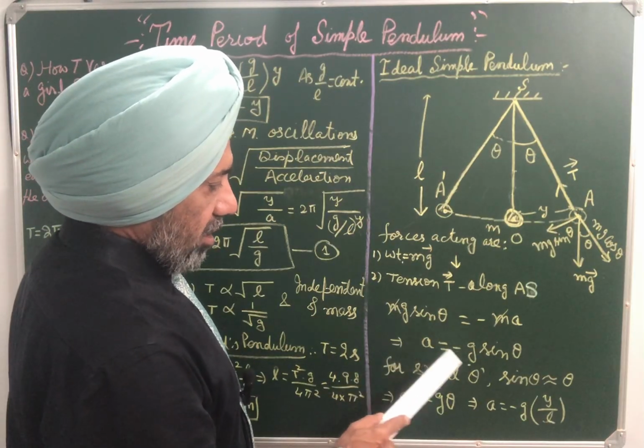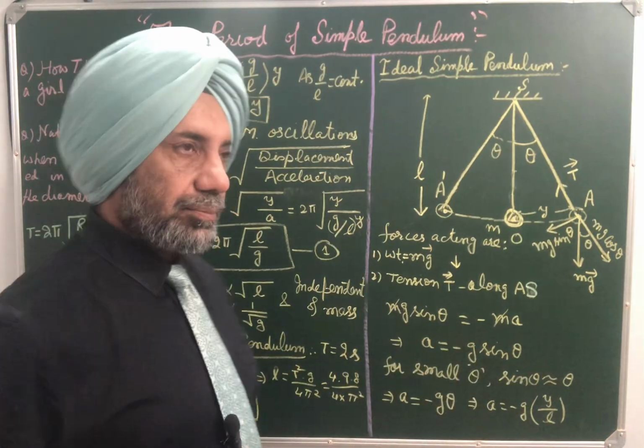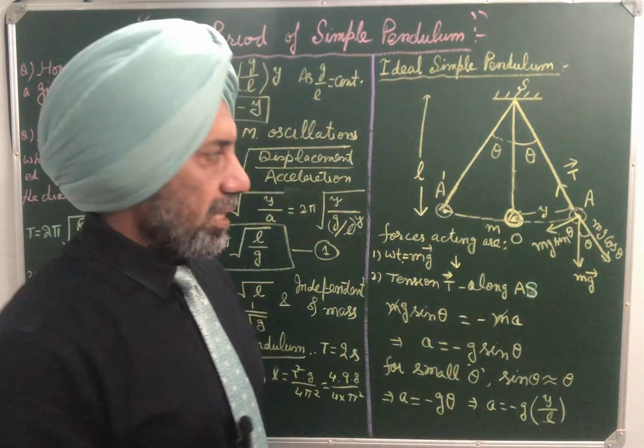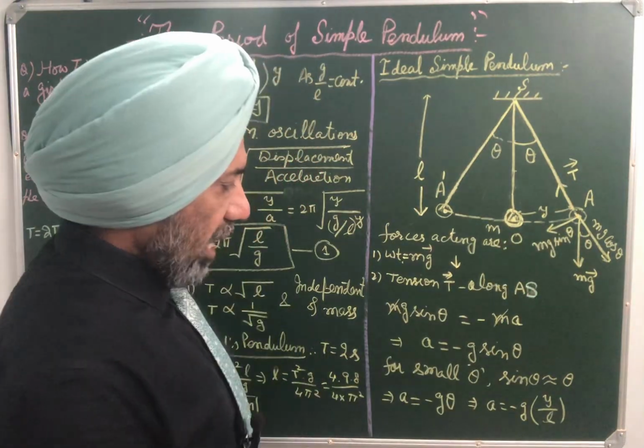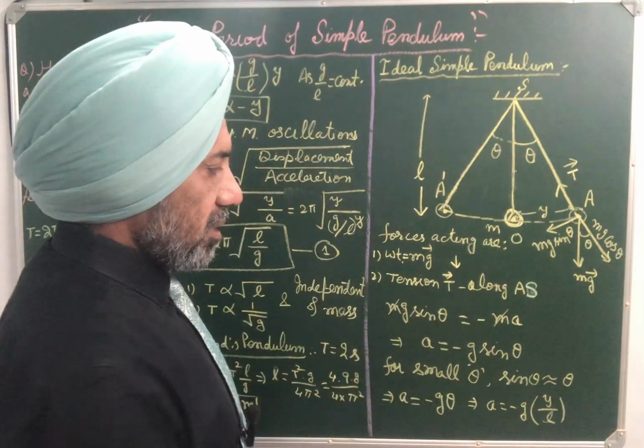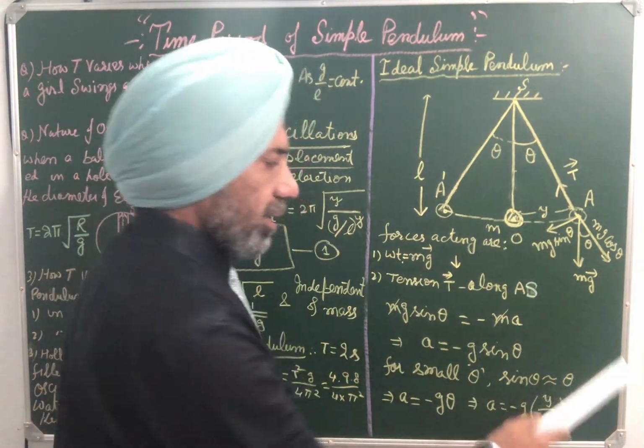So a is equal to minus g sin theta. When theta is small, sin theta is approximately equal to theta.